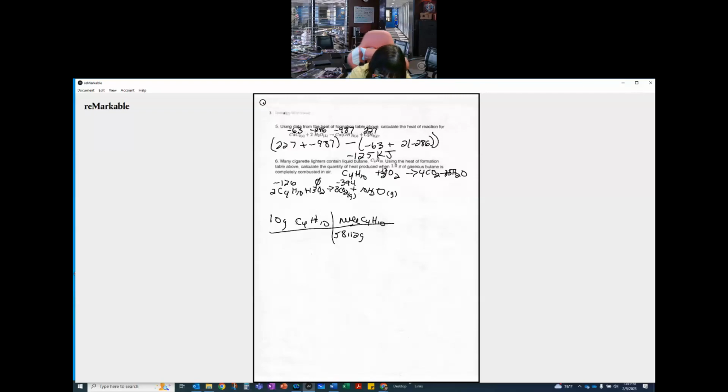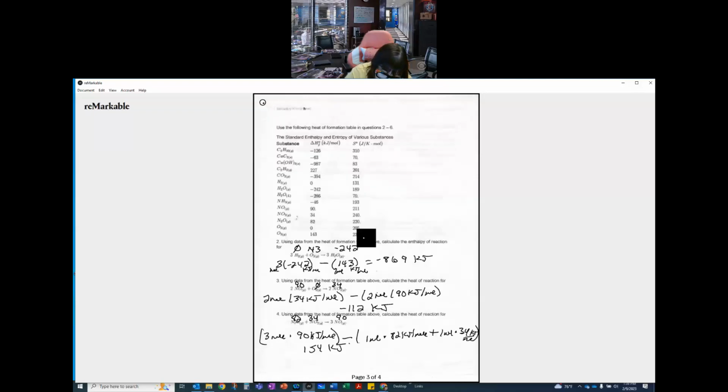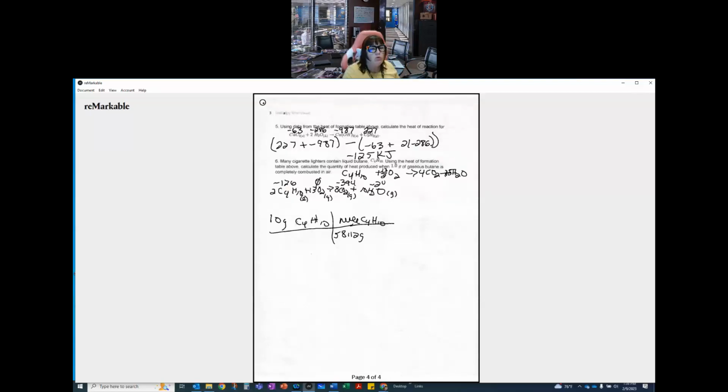This is a gas. That's a gas. This is actually a liquid, which we knew anyway. But the H2O gas, I see a value for the H2O gas of negative 242. And it really doesn't matter which you decided to do as long as you told me in your equation which one it was. Okay, that's the part that's important.